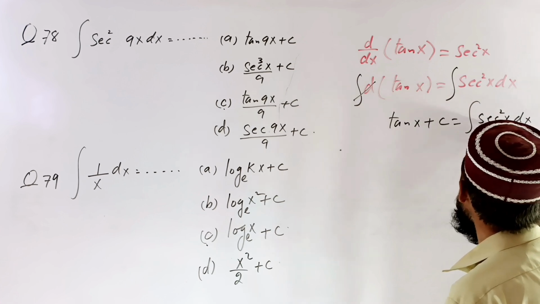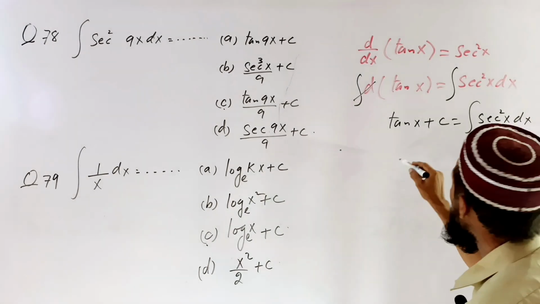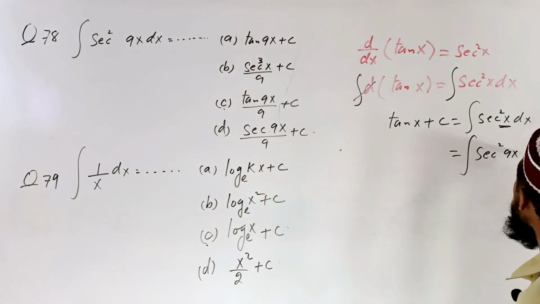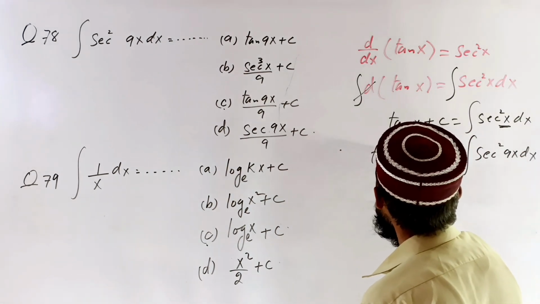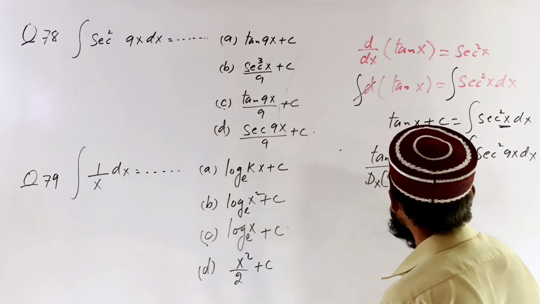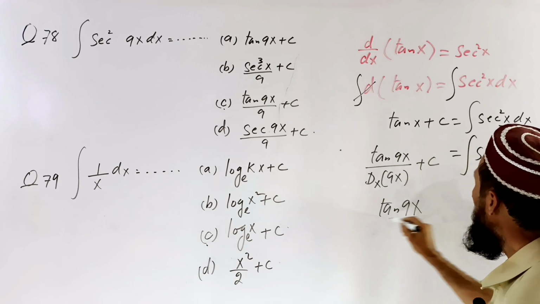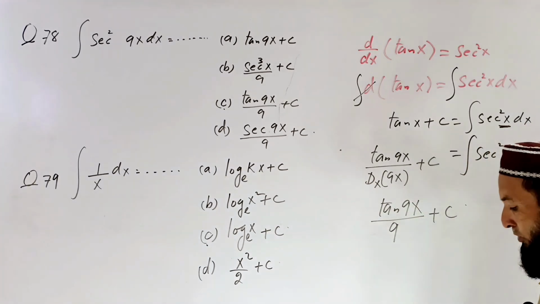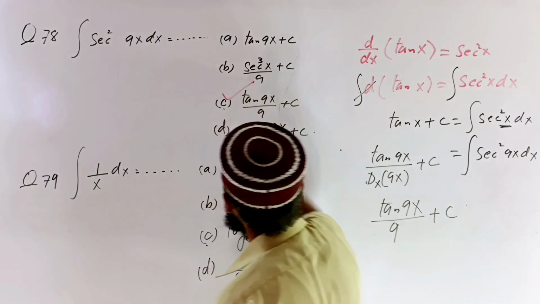But actually here 9x is in the place of x. So if we put here secant square 9x dx, we also put here 9x and the further derivative of this function of 9x plus c. So we get tangent 9x, and the derivative of 9x is equal to 9, plus c. So here option C is the correct option.